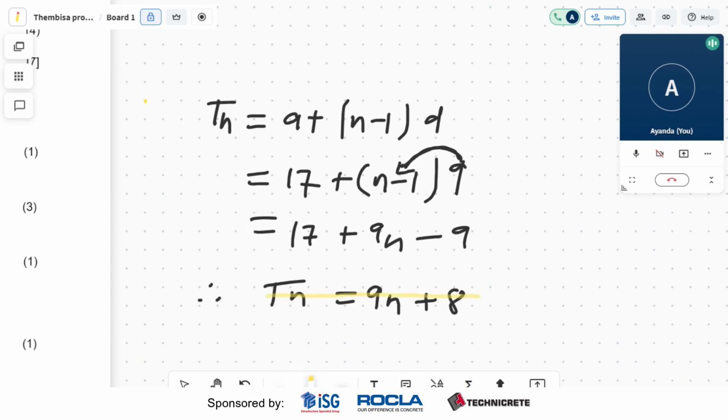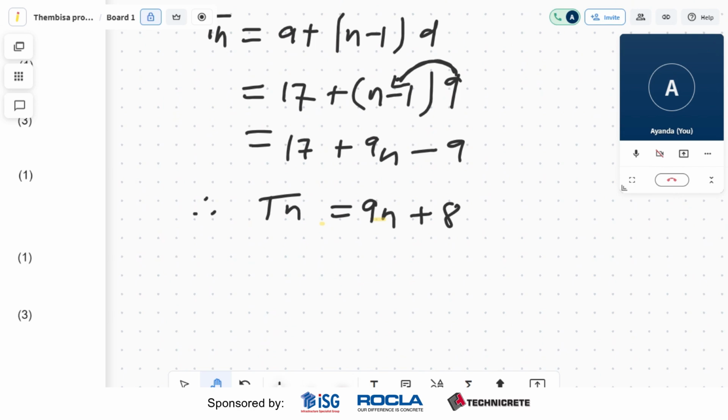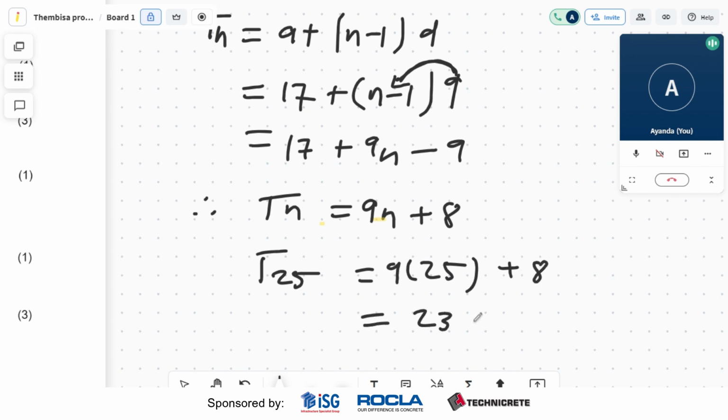So that's our general formula for this sequence. So the nth term is 9 times n plus 8. So term number 25 would be 9 times 25 plus 8. And if you plug that into your calculator, your final answer will be 233. So the 25th term of the sequence is 233.